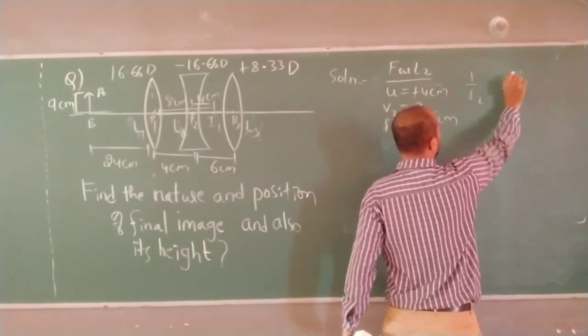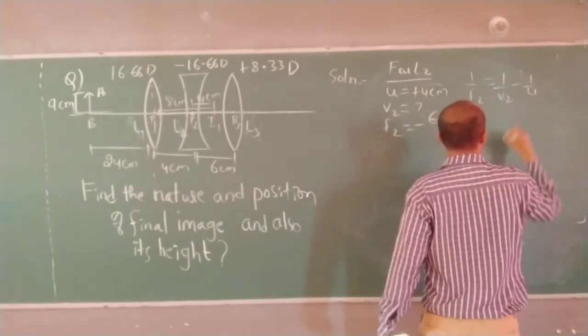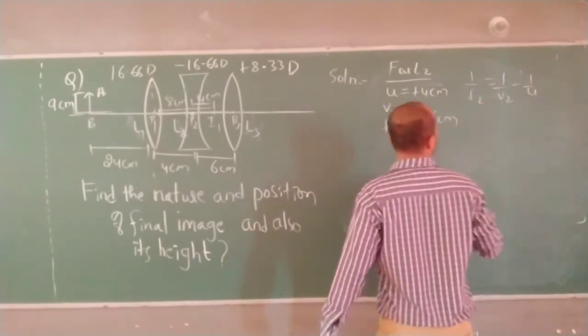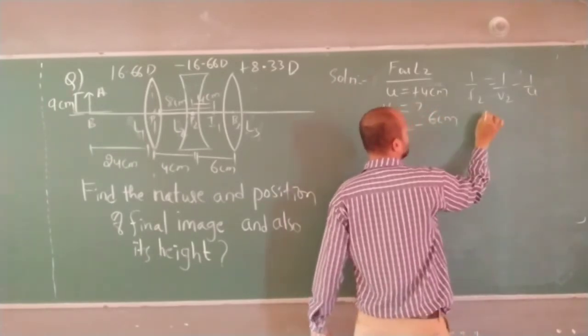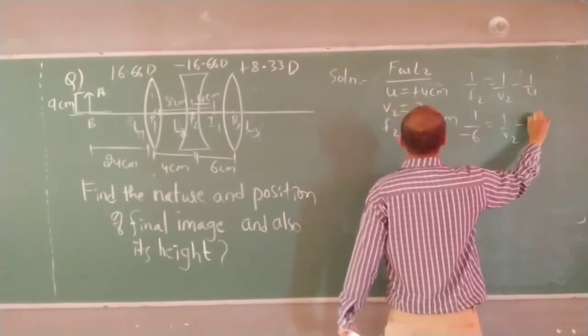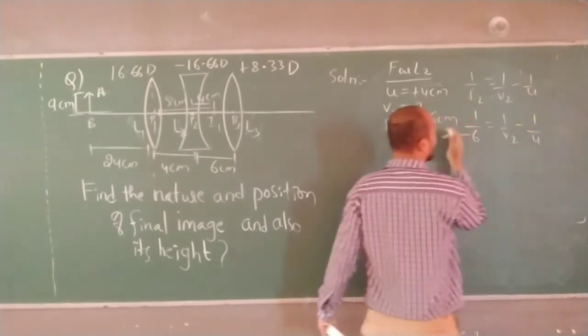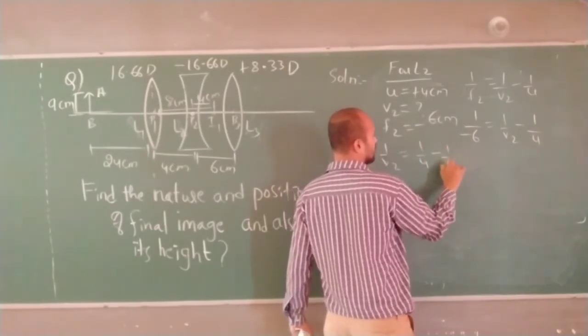One by F2 is equal to 1 by V2 minus 1 by U. So 1 by minus 6 is equal to 1 by V2 minus 1 by 4. This will become 1 by V2 is equal to 1 by 4 minus 1 by 6.